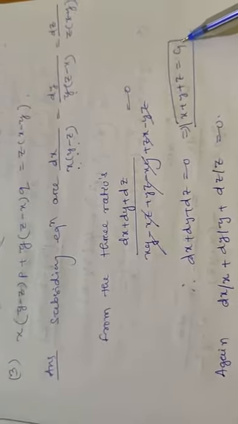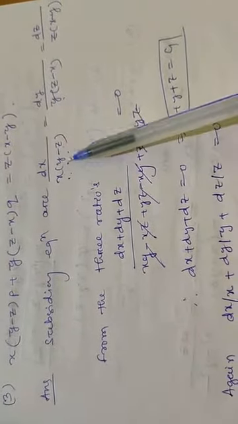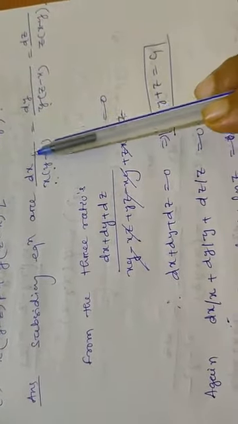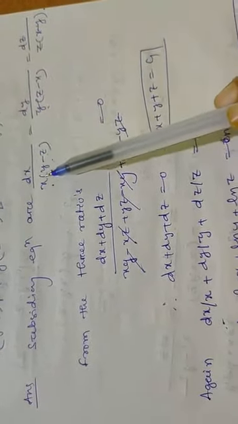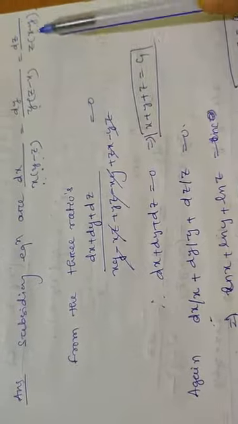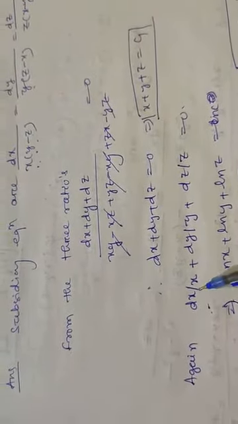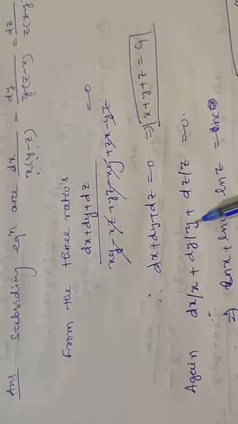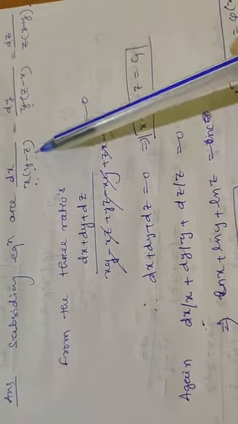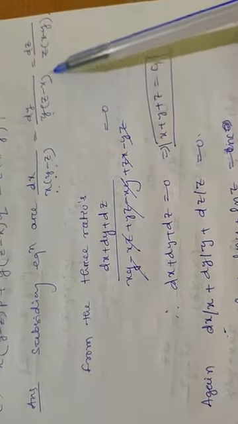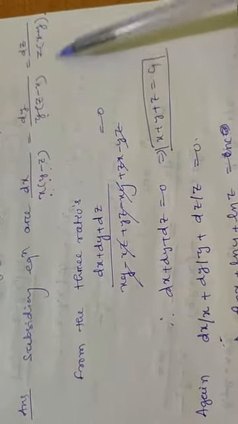Again, in the auxiliary equation, using the multipliers 1/x, 1/y, 1/z, we have dx/x + dy/y + dz/z is also 0, because (y − z) + (z − x) + (x − y) is 0.